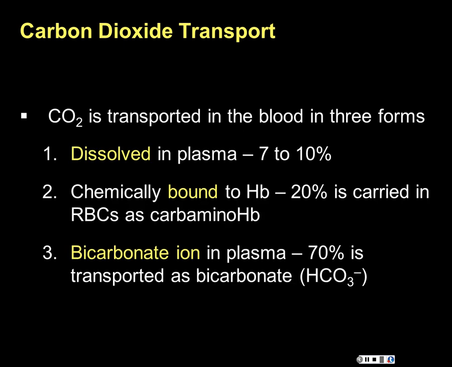We said a small percent, maybe 10% of your carbon dioxide, can just be transported in the blood plasma as molecular carbon dioxide. We also know that about a quarter of your carbon dioxide can be carried in the red blood cell, bound to hemoglobin.